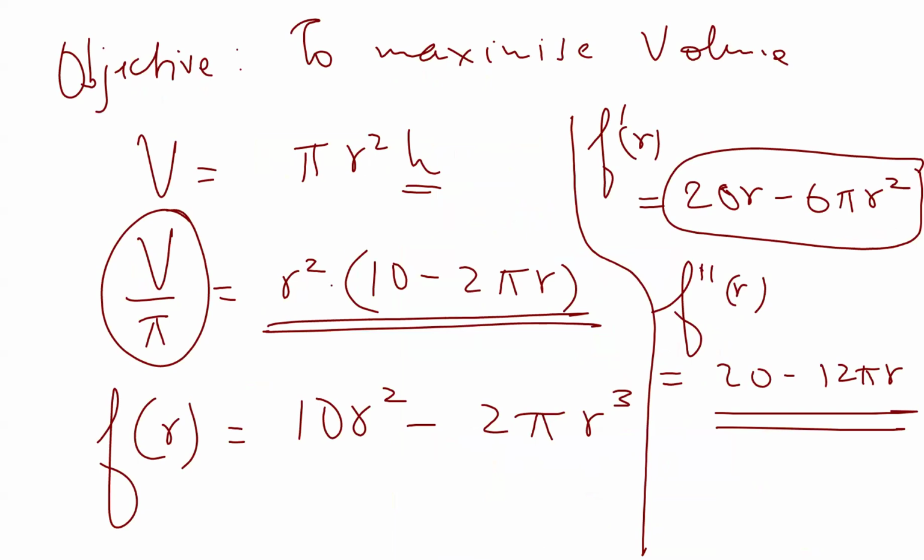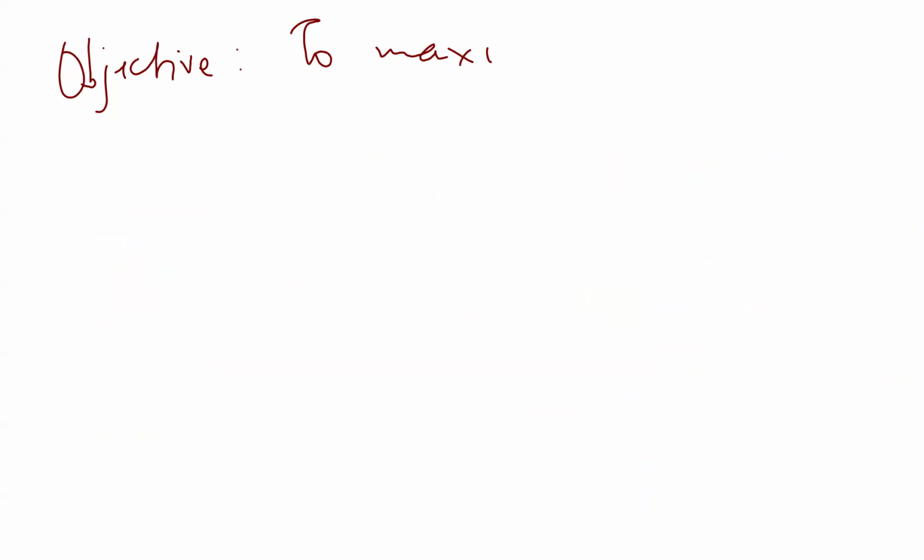If we directly substitute the value of r in this equation, will we get the same answer? No, we won't get the same answer. We'll get the answer of v upon pi, we'll not get the answer of v. Hence, after calculating r, I am first calculating h, and then, as per the normal procedure, I am calculating pi r square h.